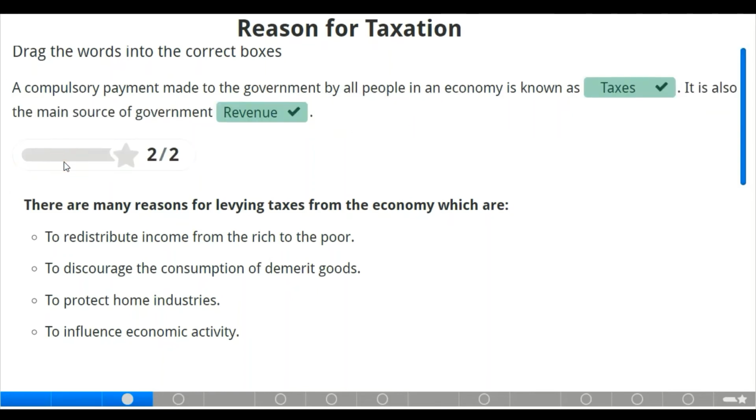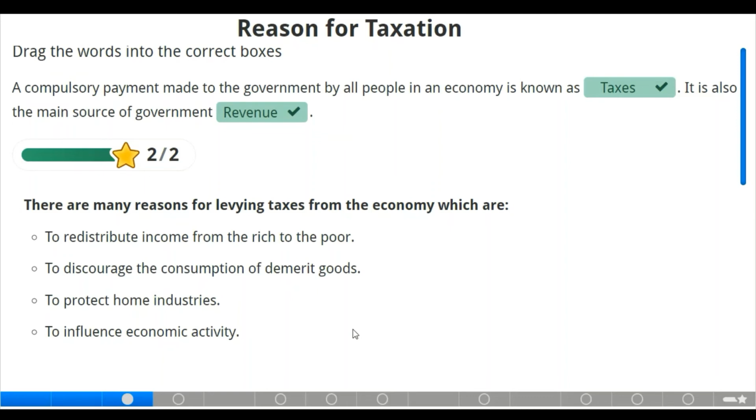Now there are many reasons for levying tax from the economy, which are what? Now, what are the reasons for levying tax from individuals and firms? Now we have to redistribute income from the rich to the poor.